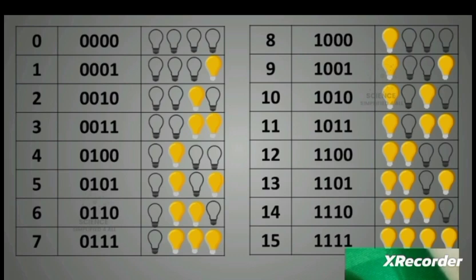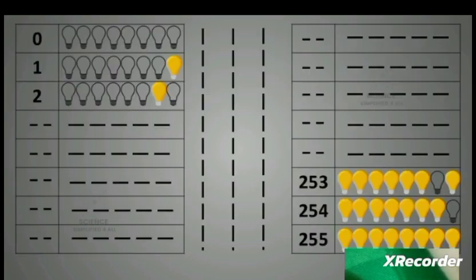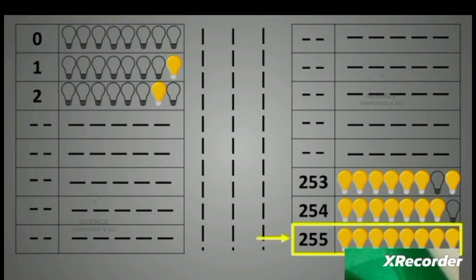So continuing this pattern, with 8 bulbs, we get 2 to the power of 8 equals 256 possible combinations. That means with 8 bulbs, we can represent every number from 0 to 255. This combination shown here represents 0, and this one represents 255.